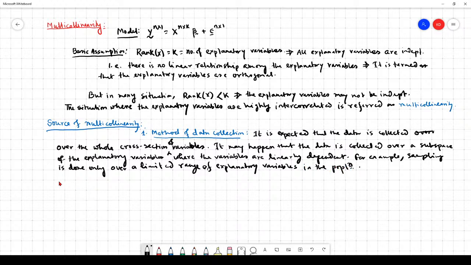Next, multicollinearity may occur due to model and population constraints.